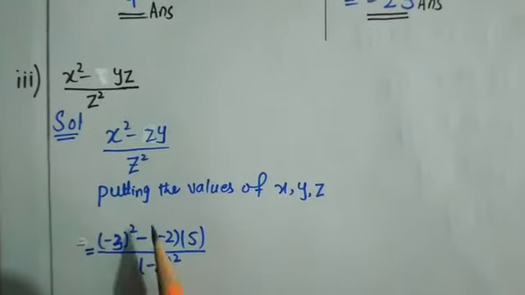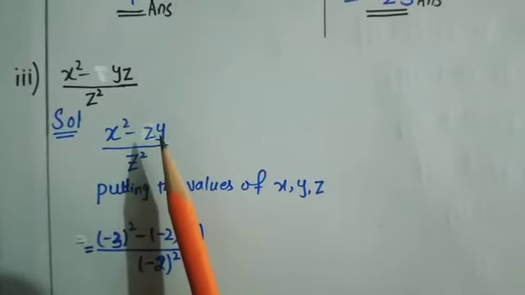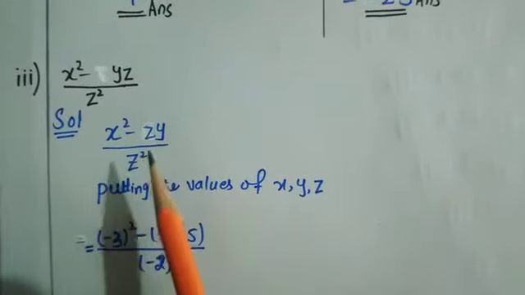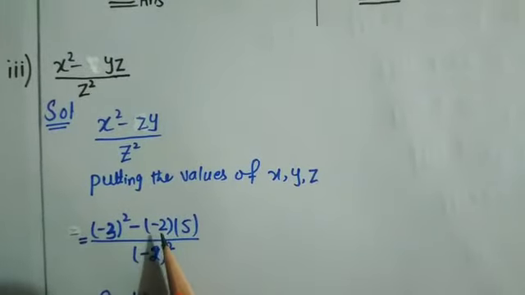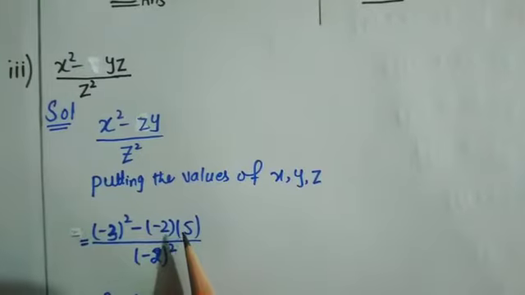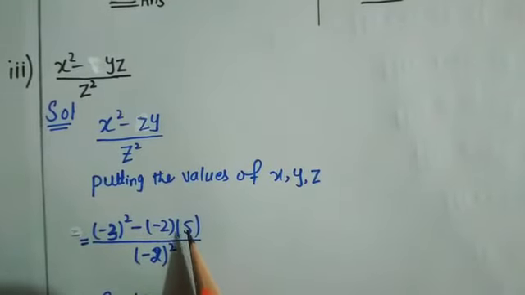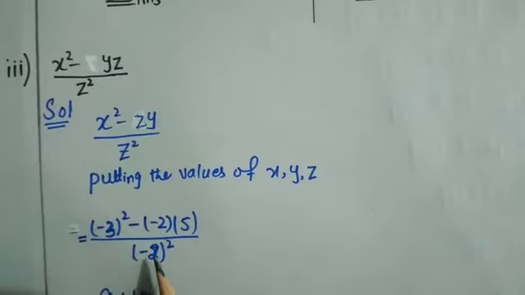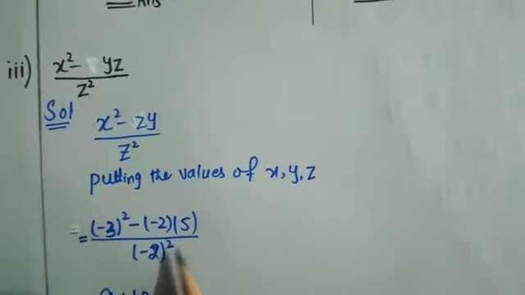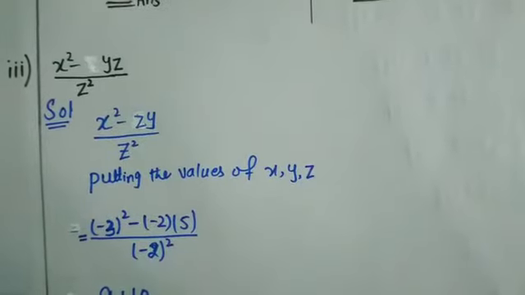Then negative, and the value of z. First we write x and z, no issue, because there is a multiply. Put the value of z as -2, bracket close. Put the value of y as 5, so write here 5, divided by z square. Put the value of z as -2, bracket close, and this is a square.